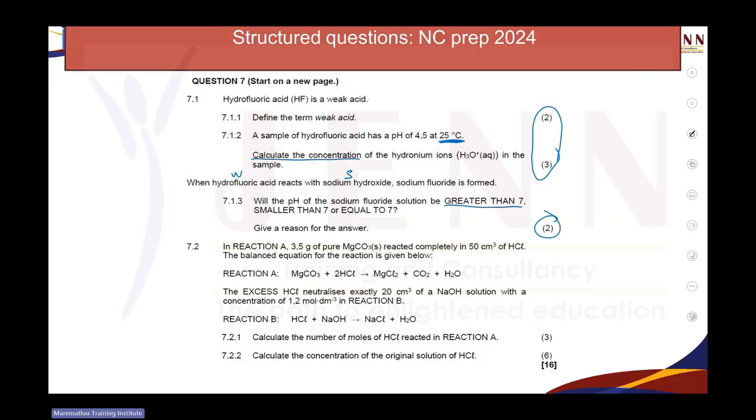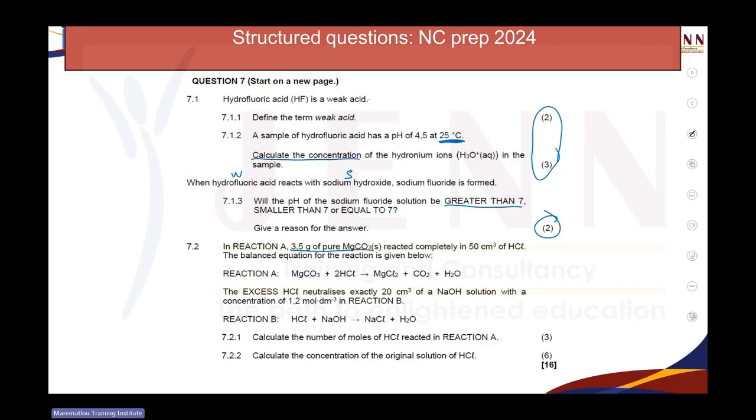And then they are moving and saying, in reaction A, 3,5 grams of pure MgCO3 reacted completely in 50 centimeter cubed of hydrochloric acid. The balanced equation for the reaction is given below. There we have it. But what did we have? Pure. They said pure. They gave us the mass of that.